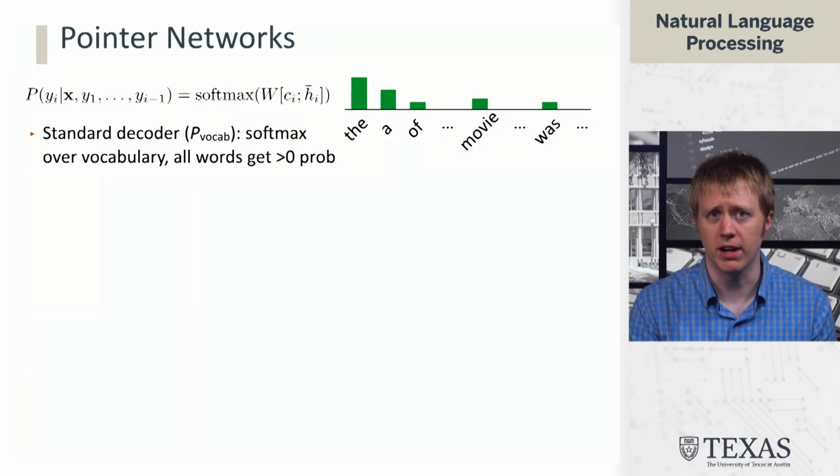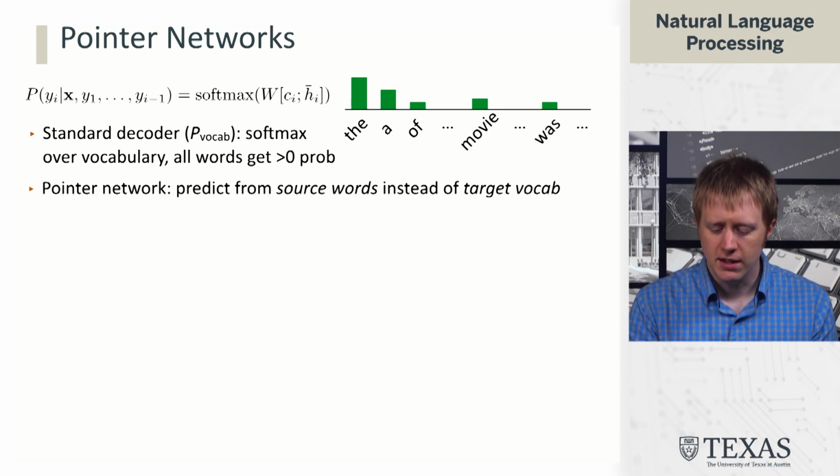The standard decoder, which is what we've seen so far, is something that we're going to call p vocab. This is the softmax over the vocabulary, and it assigns at least some probability to every word. It might be very small, but it places a distribution over this vocabulary with support everywhere.